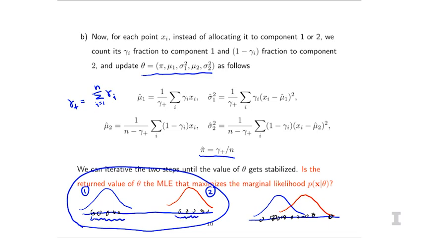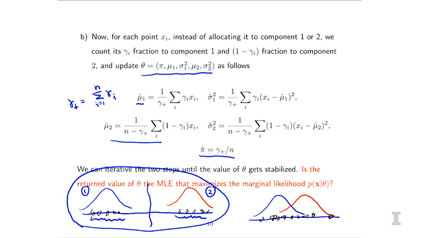And here their gamma I will be close to 0, meaning 1 minus gamma I will be close to 1. So for this case, if you look at the update for the mu's, which is almost the same as what we did before, we basically divide the data into two groups. Data on the left will be used to update the blue normal, and data on the right will be used to update the red normal.